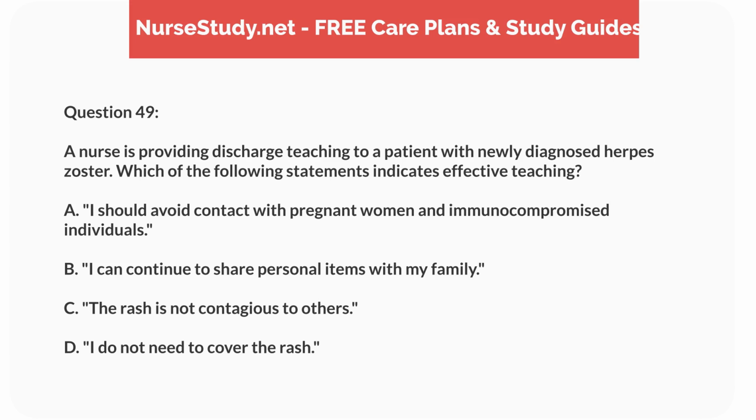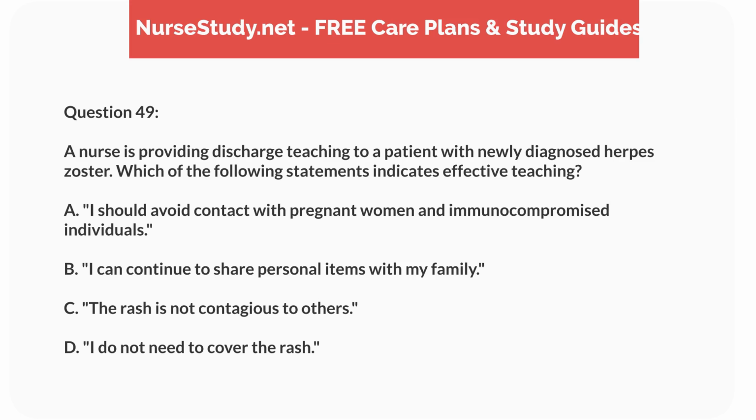Question 49. A nurse is providing discharge teaching to a patient with newly diagnosed herpes zoster. Which of the following statements indicates effective teaching? A. I should avoid contact with pregnant women and immunocompromised individuals. B. I can continue to share personal items with my family. C. The rash is not contagious to others.